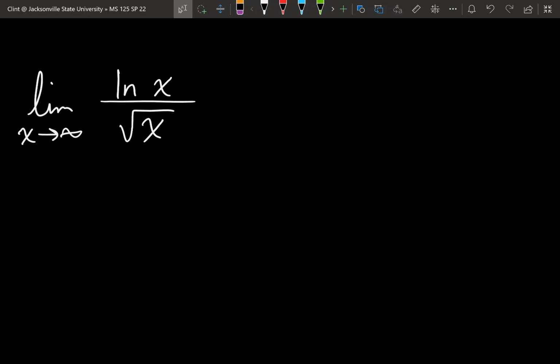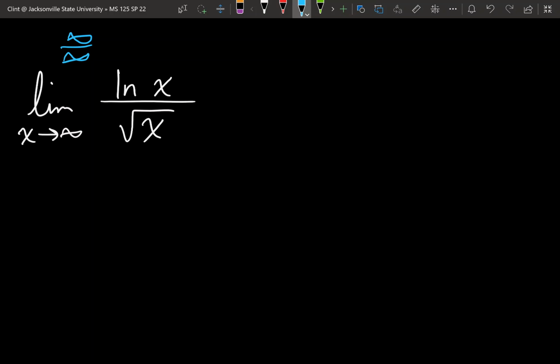This one's not a product, so we don't have to rewrite. We're already in indeterminate form. What kind of indeterminate form are we in? Natural log of infinity takes a long time to get there, but it goes to infinity. Square root of infinity, even though you're taking the square root, it's still an infinite limit there. So we're in an infinity over infinity situation.